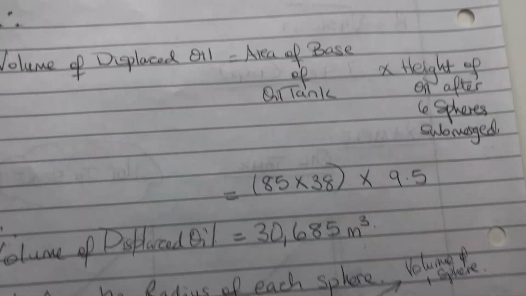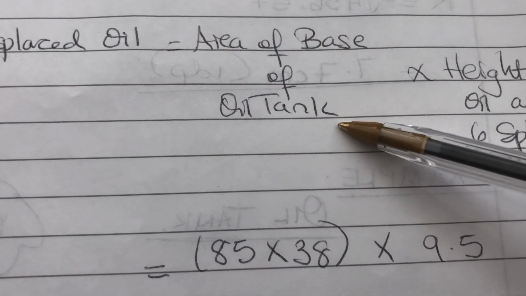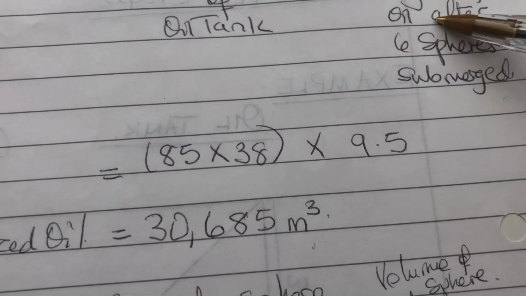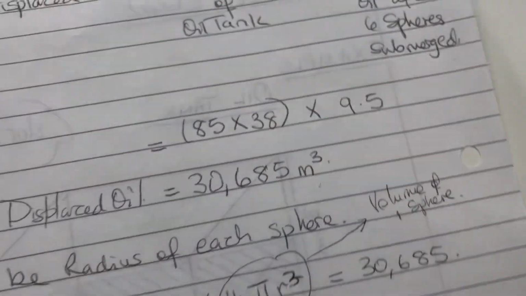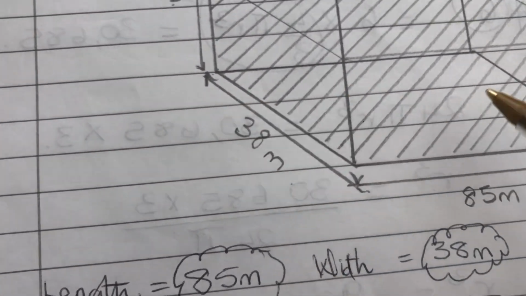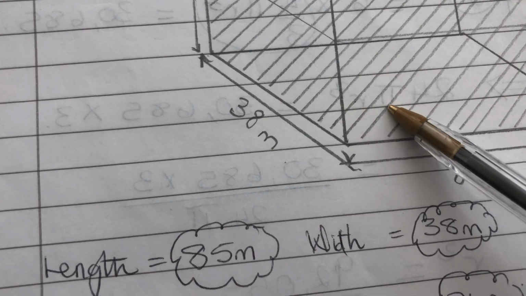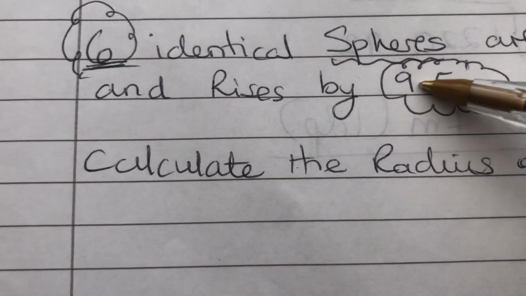So the volume of the displaced oil is the area of the base times the height of the oil. If we use what we have in the diagram, the length times the width is the area of the base, and then the height, which is given to us when you displace it, is 9.5 meters.